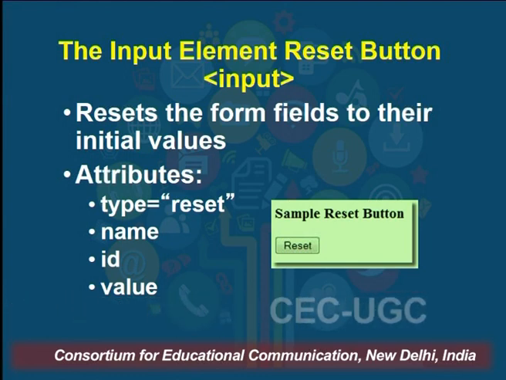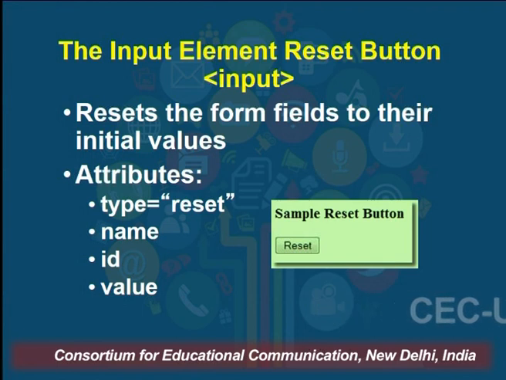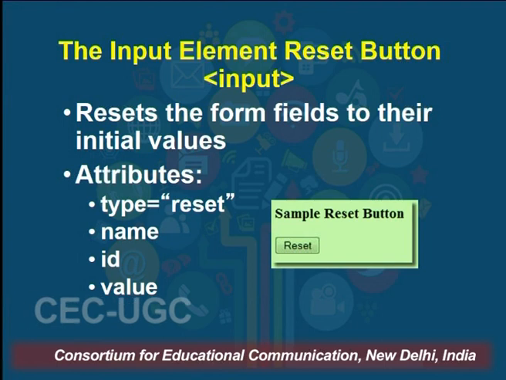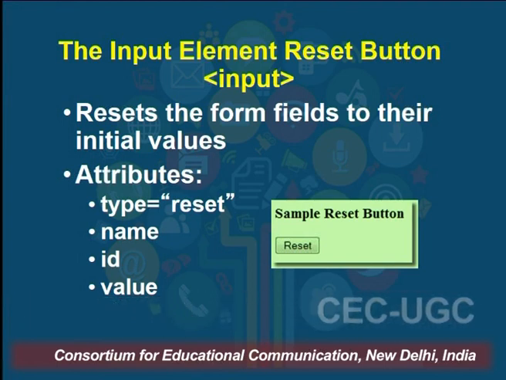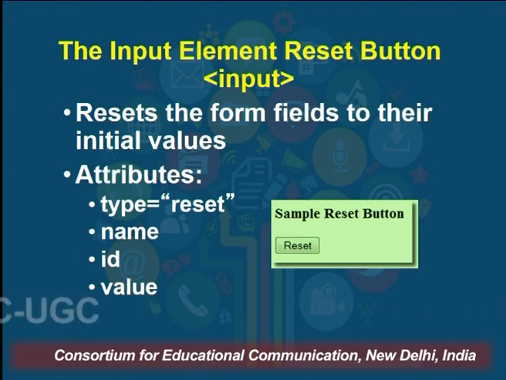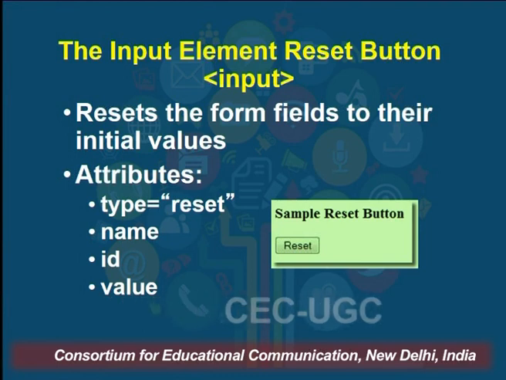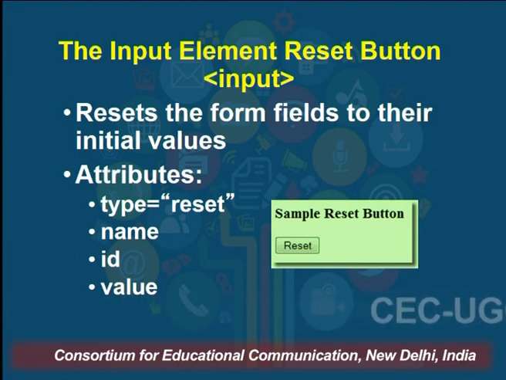Here also the rule remains the same: the value attribute will be the default caption of your button. If you write value is equal to reset, then your reset button has the caption reset. If you write value is equal to refresh, then the caption of the button will become refresh.